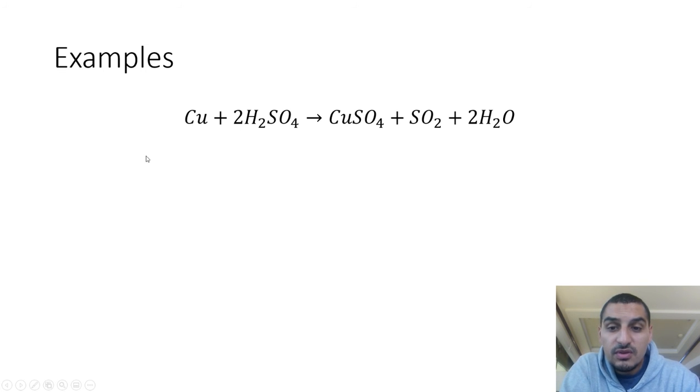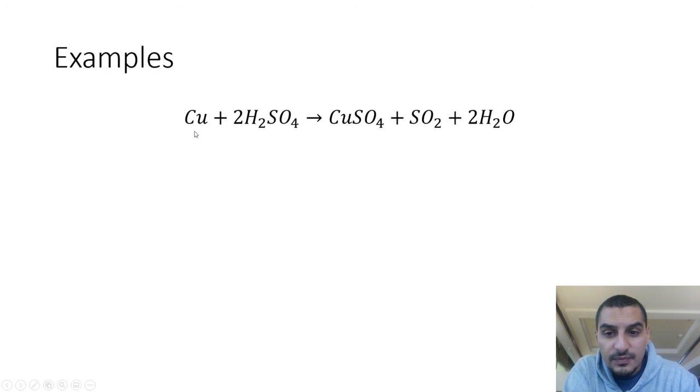If you have a case where an element starts as an element and ends up as part of a compound, then for sure, 100% sure, this undergoes either oxidation or reduction, depending on how it started and how it ended.